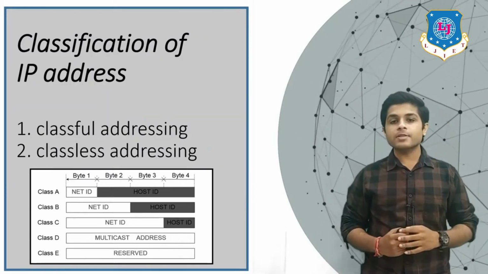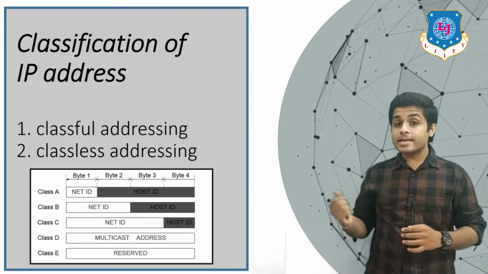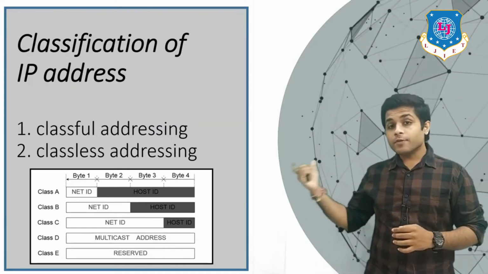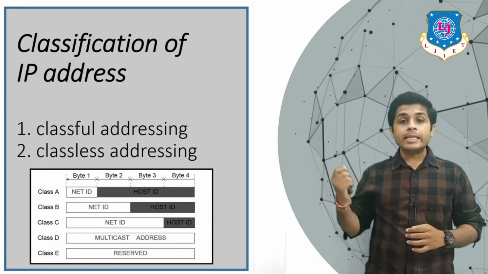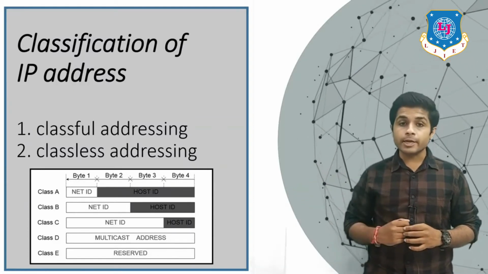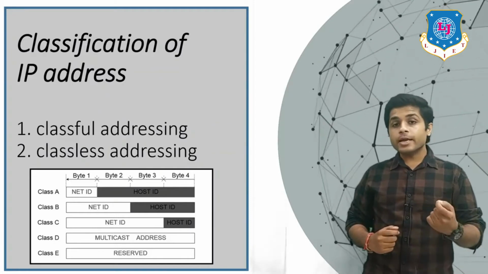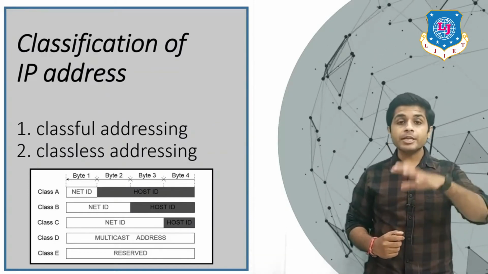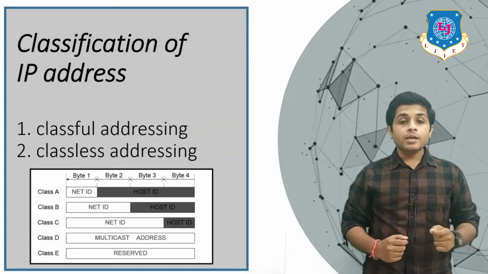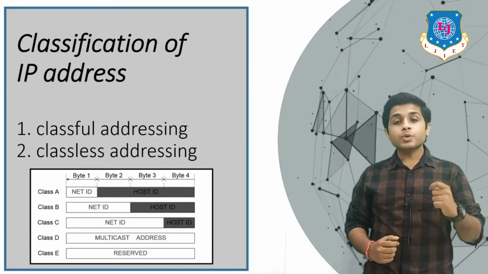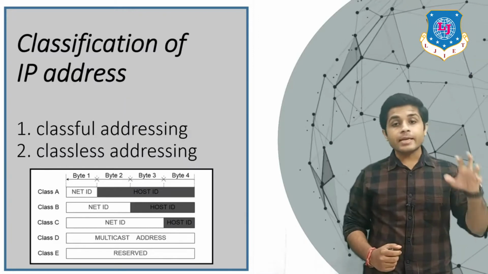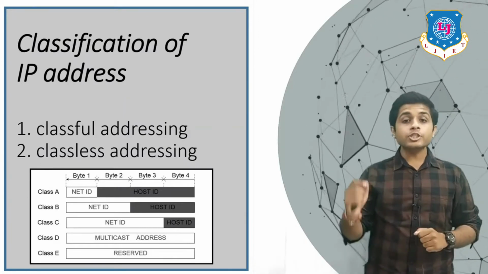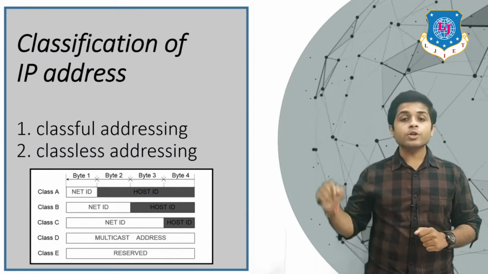If we talk about class B, the first 2 bytes, means 16 bits, are for network ID and the other 16 bits are for host ID. From the network ID, you will know how many individual networks are possible. So in class B, 2 raised to 16 individual networks are possible, and in one network, 2 raised to 16 hosts are possible.